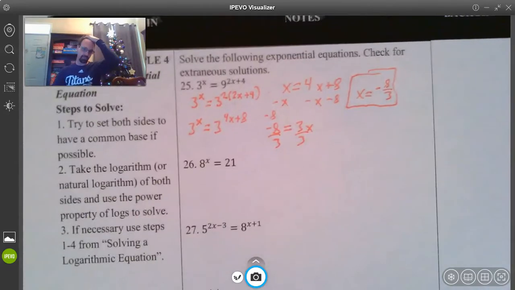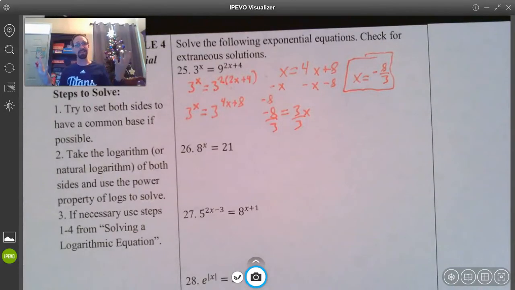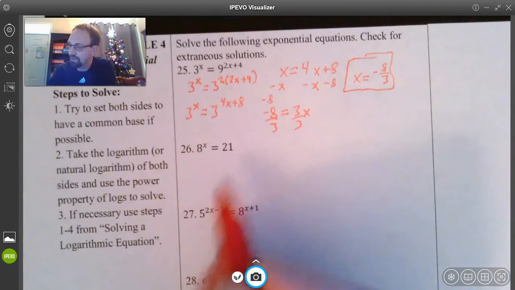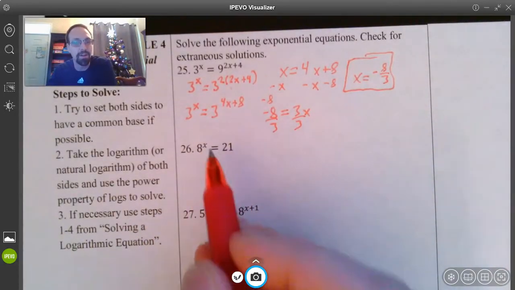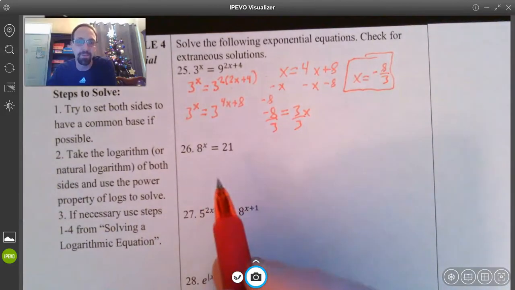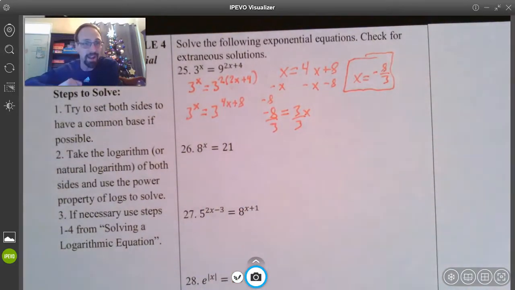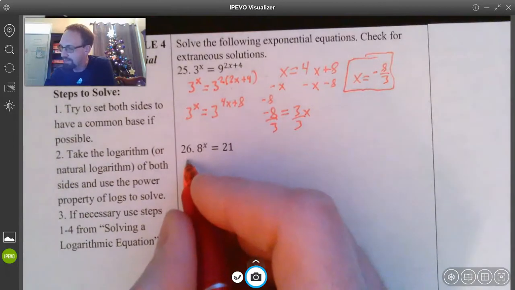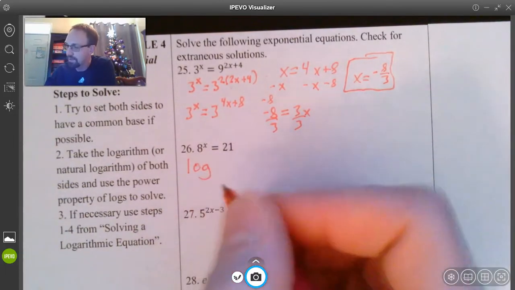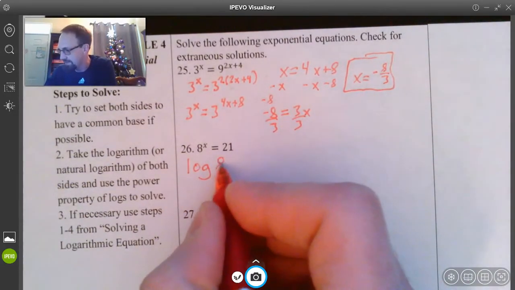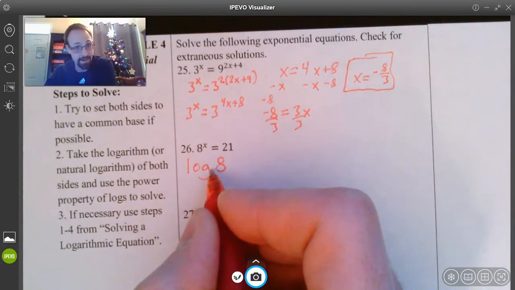Number 2. Now a lot of students will get confused because there's not a way to make these have the same common base. So what do you do at this point? Well, if you ever have a situation where you can't get both bases to be the same, you hit both sides with a log. So I'm going to take both sides, log base 10.